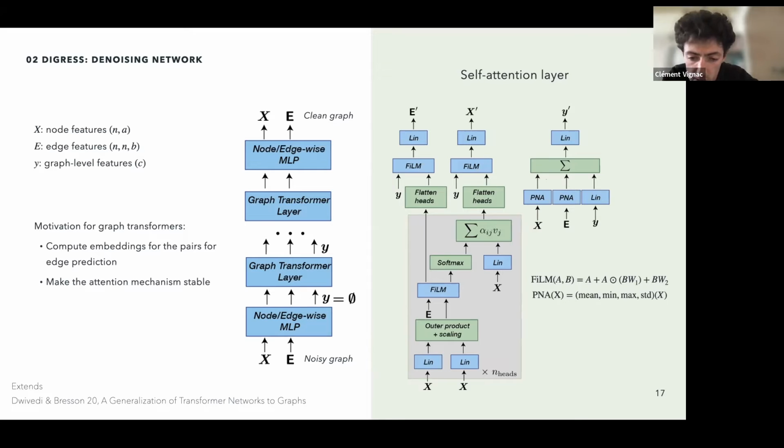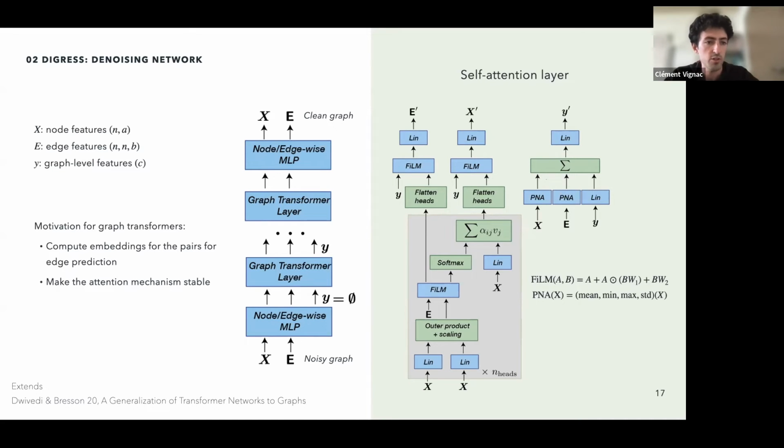You can see at the bottom the attention mechanism: we incorporate the information from the edges into the unnormalized attention scores. Then we output the edge features and the new node features, and for the graph level features, we pool the other features to update them.